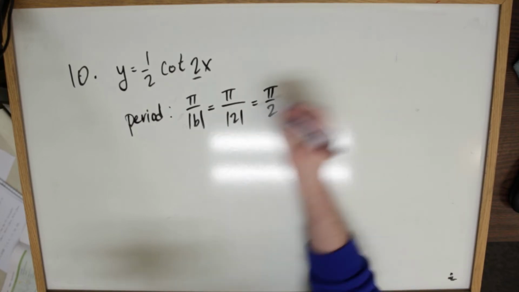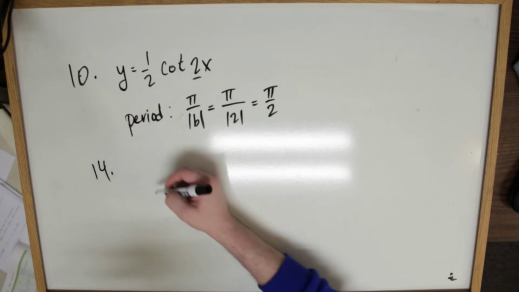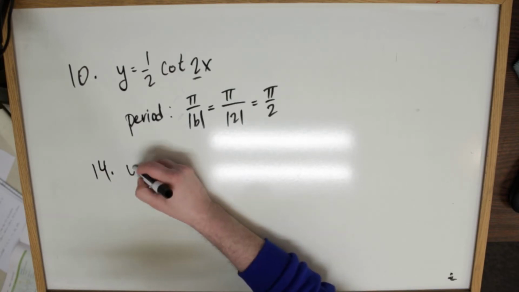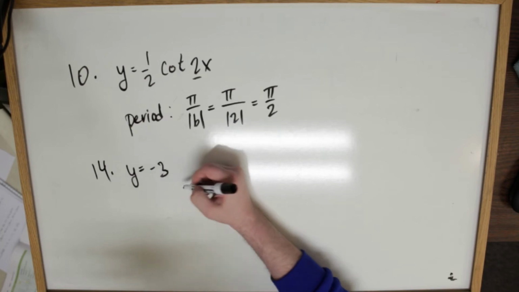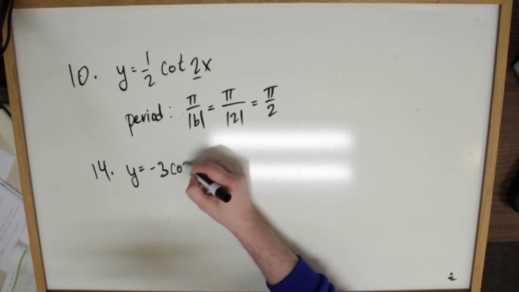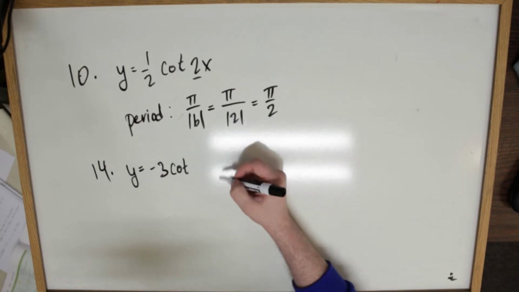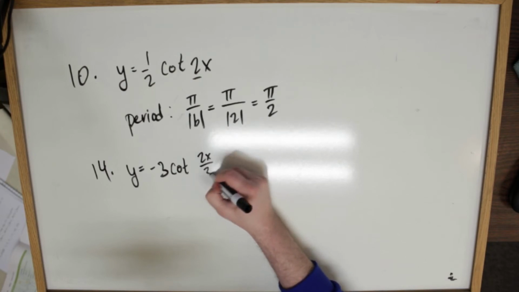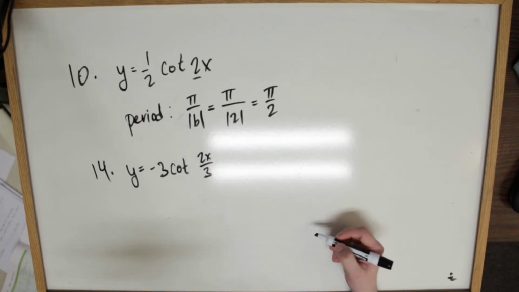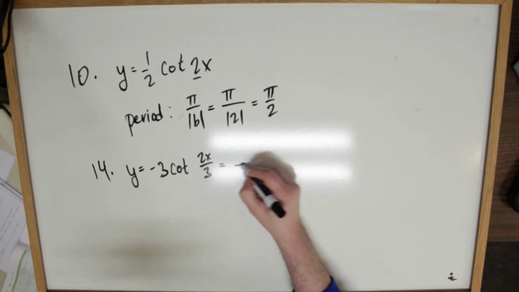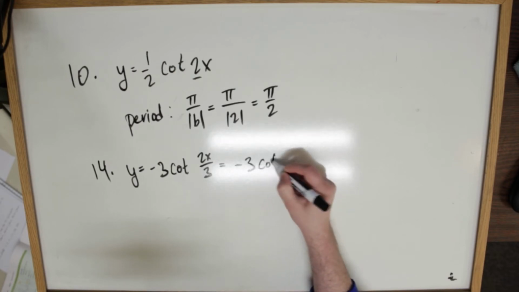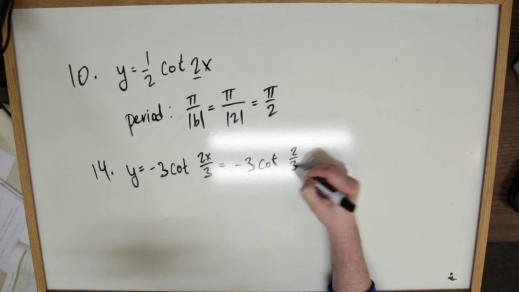I'm going to do a little trickier one. Let's do 14. We'll do y is equal to -3 cotangent of 2x over 3. And when you get something like this, what you have to recognize is that you can pull the x apart from the 2/3. So this is pretty much the same thing as -3 cotangent of 2/3 times x.